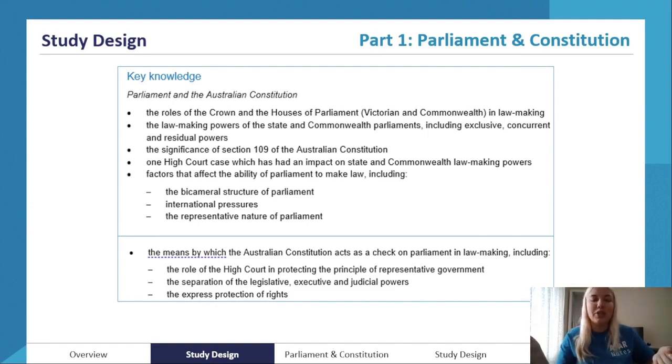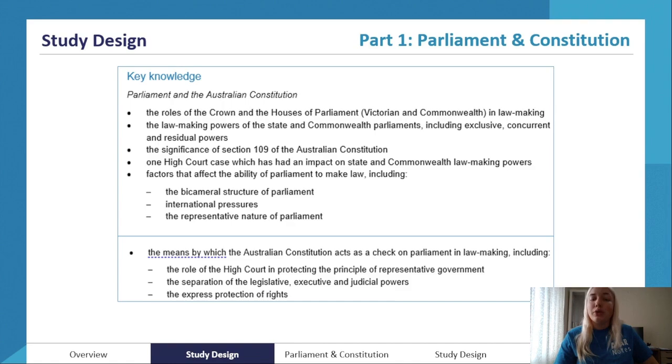They just need to initiate and pass a bill, which is a proposed law, but the Constitution can only be changed by means of a successful referendum, which has happened in Australia many times, but due to the double majority requirement that you'll also learn about later on in Area of Study 2, most referendums in Australia are unsuccessful.